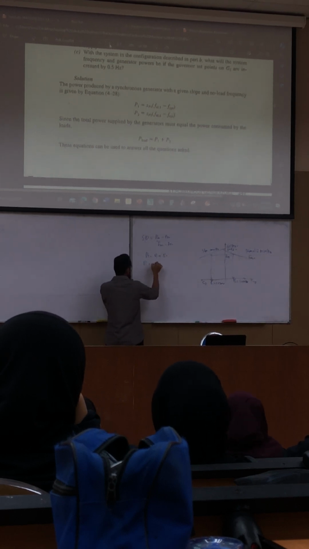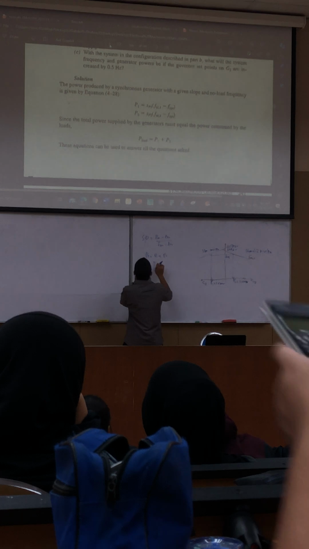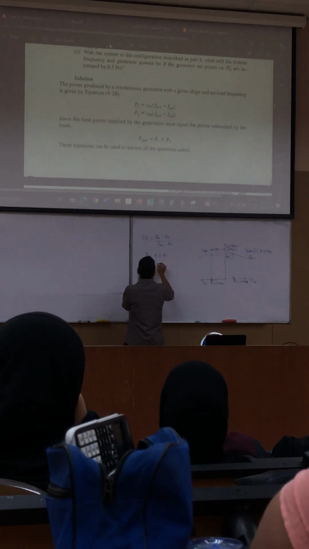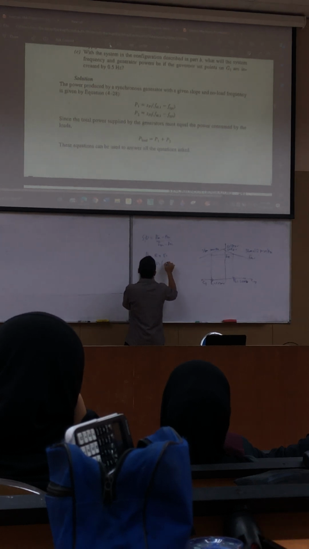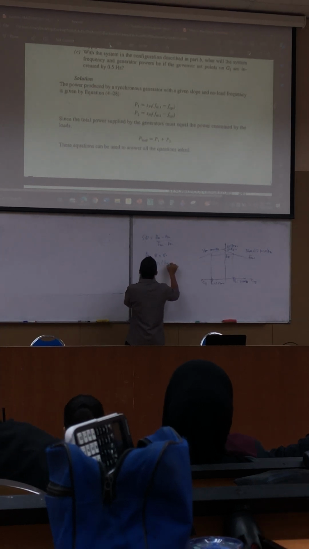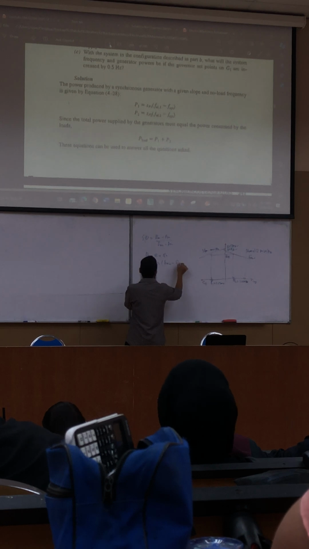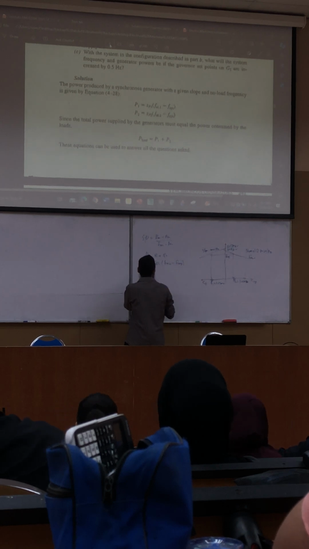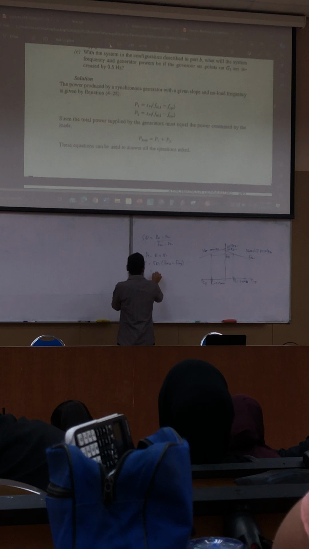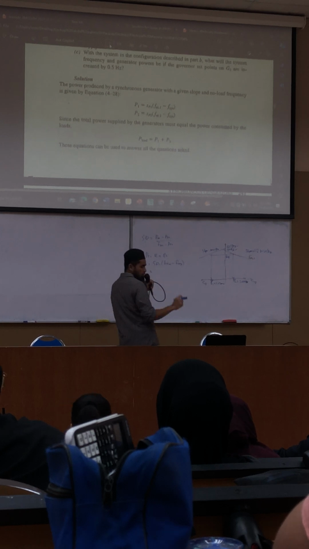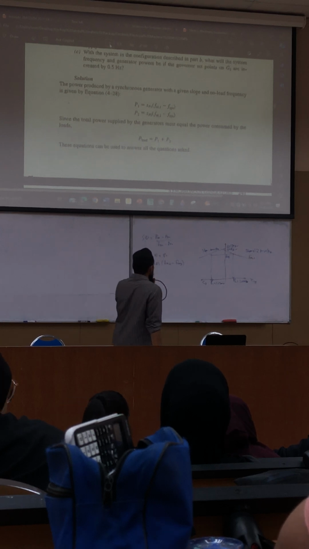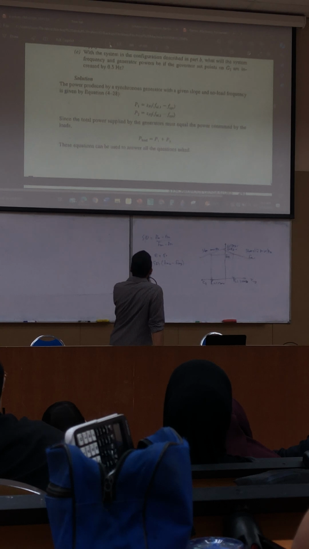But P1 adalah speed droop 1 darab frekuensi no load 1 minus frekuensi system. So you can insert you punya value of speed droop, you can insert you punya values of frequency at no load, then you can find your system frequency.